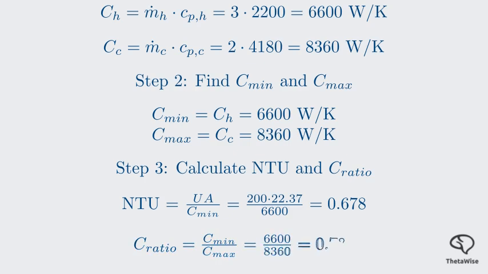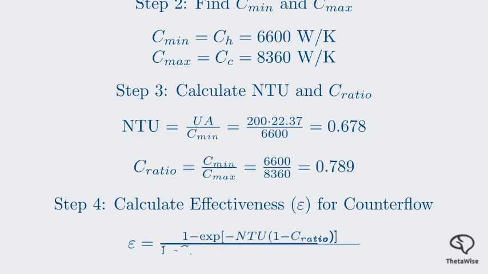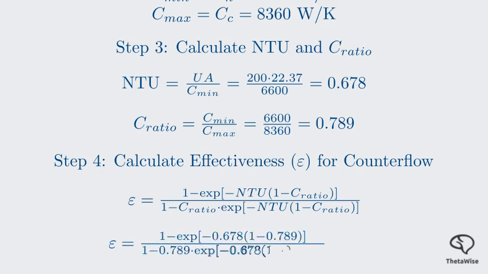This is approximately 0.789. Now we can use the formula for effectiveness for a counterflow heat exchanger. The equation is quite complex, but plugging in our NTU and C ratio values gives us an effectiveness of approximately 0.44. An effectiveness of 0.44 means the heat exchanger is achieving 44% of the maximum possible heat transfer.